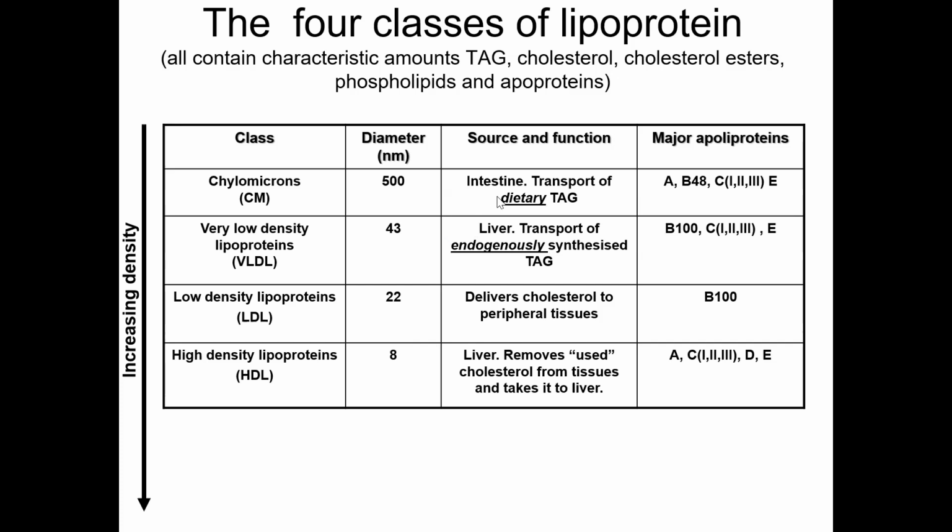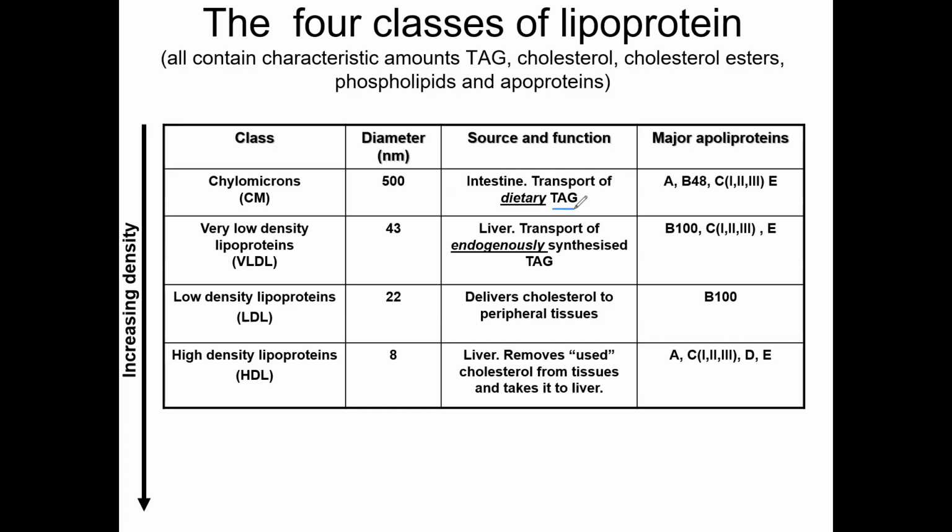The next thing is the sources and functions of these lipoproteins. First, chylomicrons are usually found in the intestine, and their main function is to transport dietary TAG, that is, triacylglycerol.